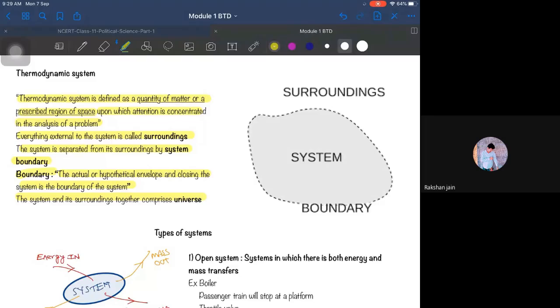Sagar, is that done? Sagar is done. Yes, sir. Shall we move on then? Yes, sir. Just the diagram.